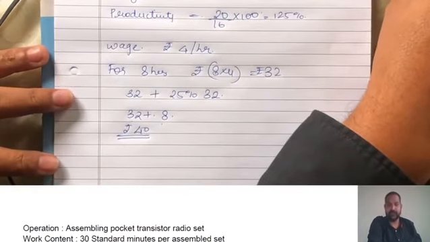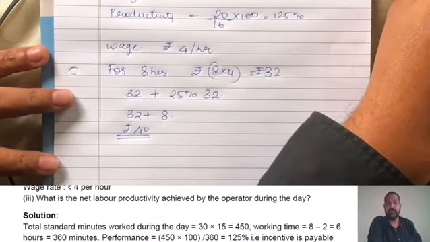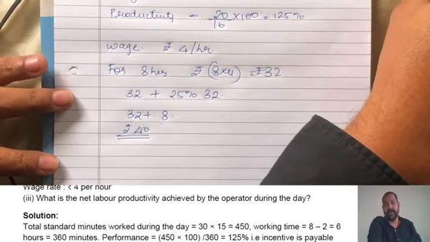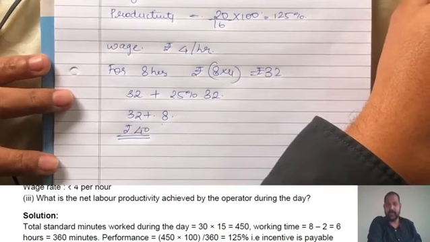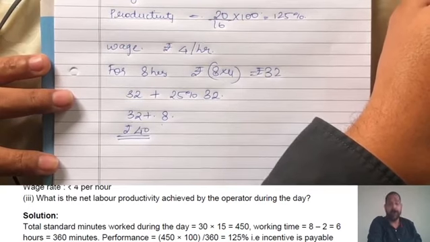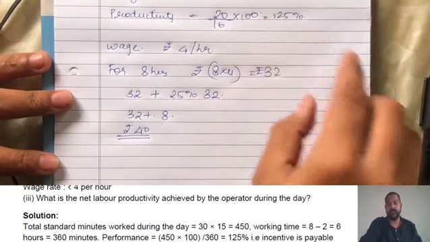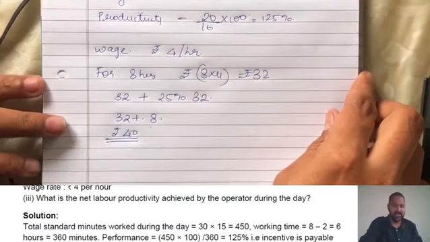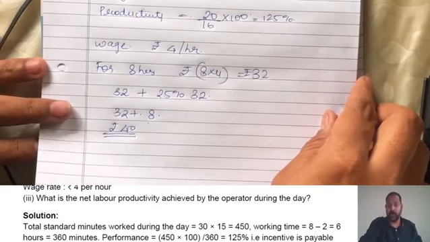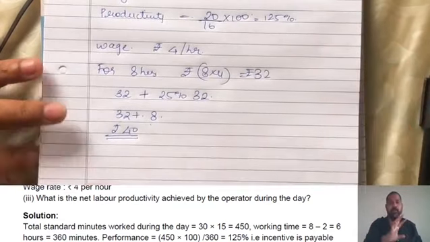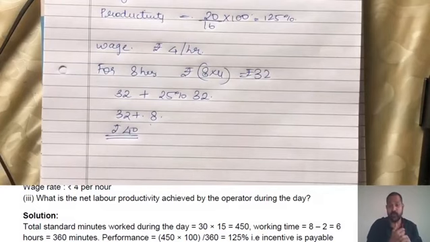And question number 3 is, what is the net labor productivity achieved by the operator during that day? Well, the operator has achieved a productivity of 125%. But if you ask me for labor productivity on a per hour basis, then that will be different, but you need to be clearer. Again, the question is not very clear.